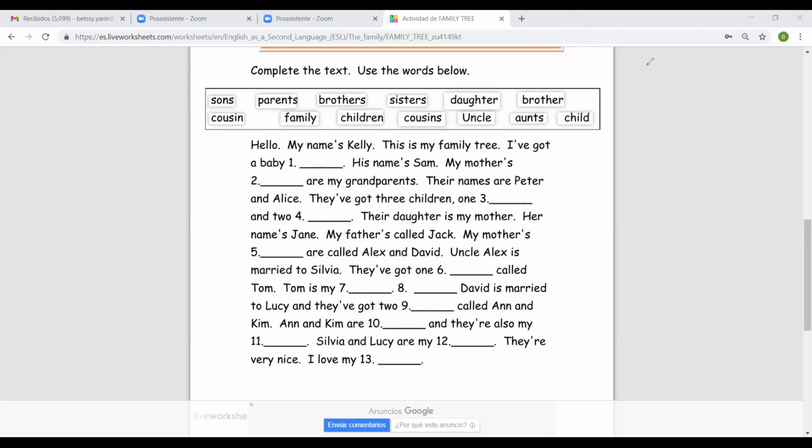Are you there, my dears? Okay, you have to complete it. So what do we have in this? Hello, my name's Kelly. This is my family tree. I've got a baby. Which is the correct option in this?